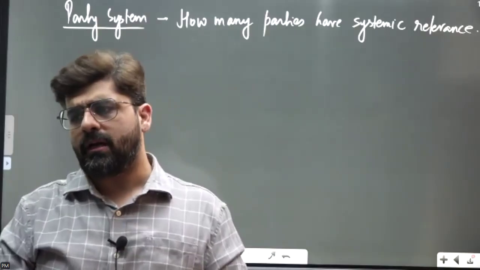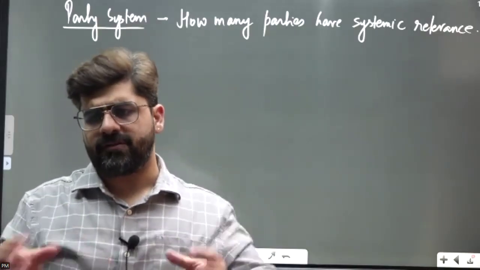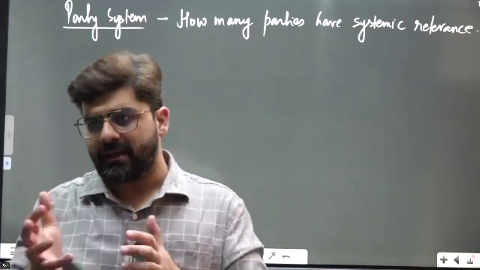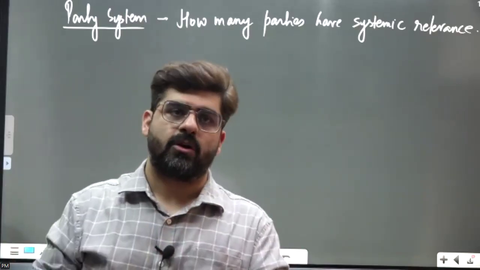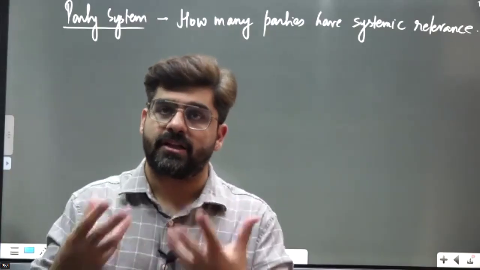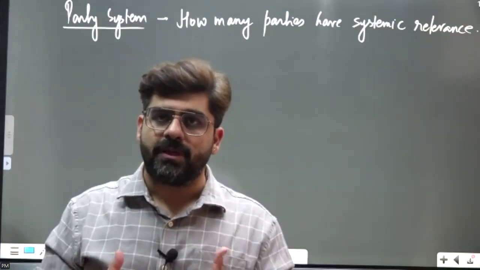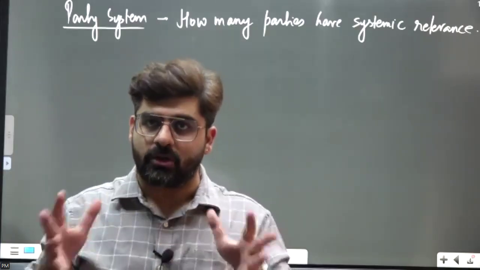For example, in India, let's say Shiv Sena has relevance largely in Maharashtra, or Trinamool Congress has relevance largely in West Bengal, or Shiromani Akali Dal has relevance largely in Punjab. But when it comes to the Indian National Congress and BJP, they are national parties. They have appeal across India.